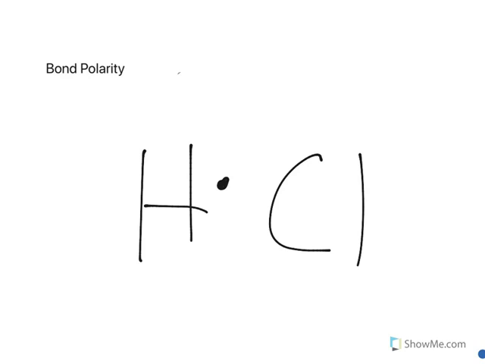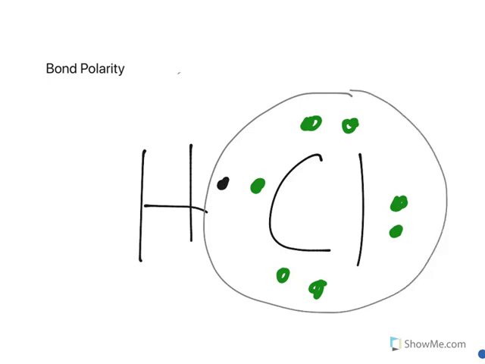So we have 1 here, 2, 3, 4, 5, 6, and 7. And as we can see, now we have an octet for the chlorine, and hydrogen also has its full shell with the 2 electrons there.